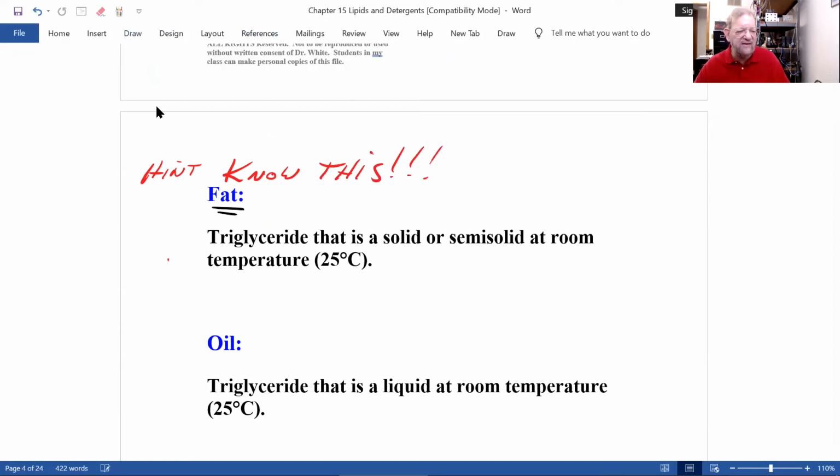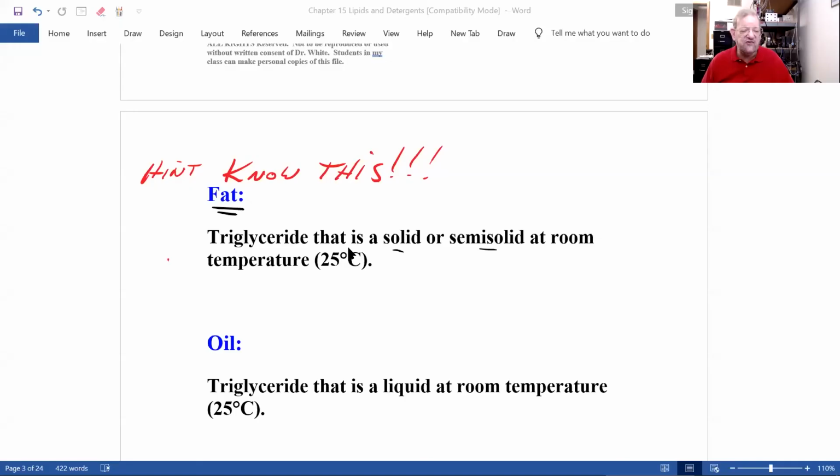Now, a fat is a triglyceride that's a solid or semi-solid at room temperature. You don't have to know, but by definition, room temperature is 25 degrees Celsius. And what's a semi-solid? I think you all know what a solid is.